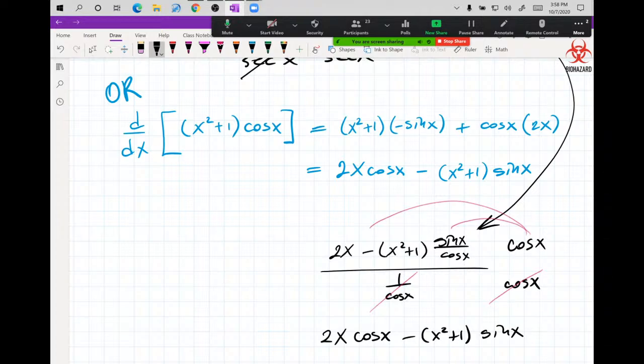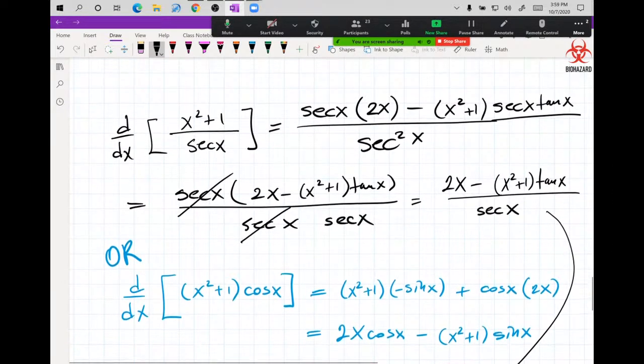Now, product rule is always better than the quotient rule because it's less calculations, no fractions, less algebra, less everything. So if you are able to, weasel your way out of quotient rule, it's highly suggested, right? You do that if you can weasel out.